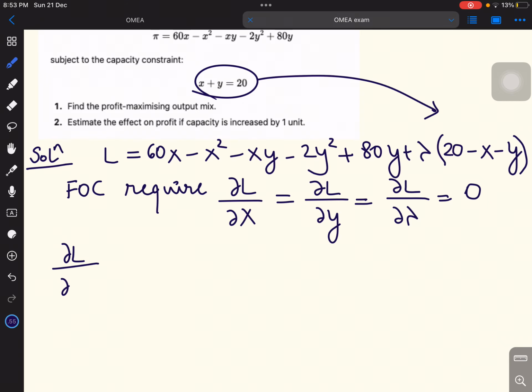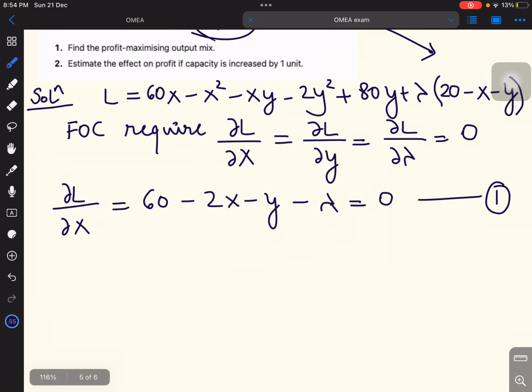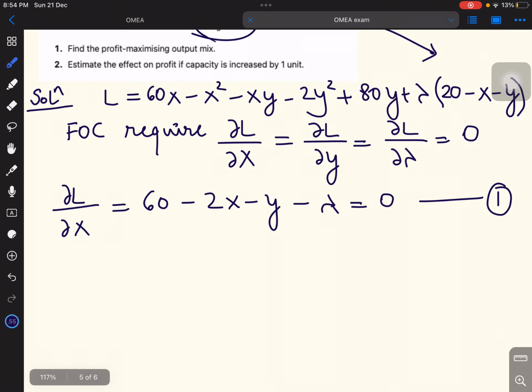First, finding it with respect to x, we differentiate the Lagrange with only one variable, x. This gives 60 minus 2x minus y minus lambda, equal to 0. Let's name this equation 1. Expressing it in terms of lambda, so that it is easy to solve further, lambda equals 60 minus 2x minus y.